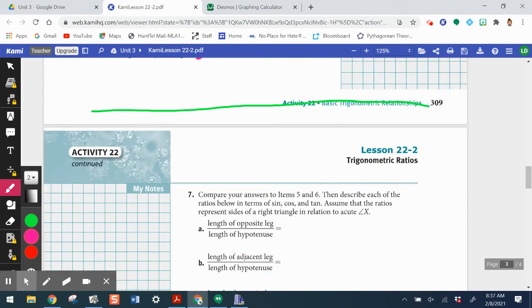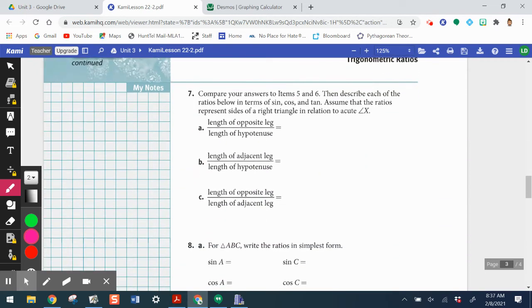So let's look at item 7. It says, compare your answers to items 5 and 6, then describe each of the ratios below in terms of sine, cosine, and tangent. Assume that the ratios represent sides of a right triangle in relation to an acute angle x.